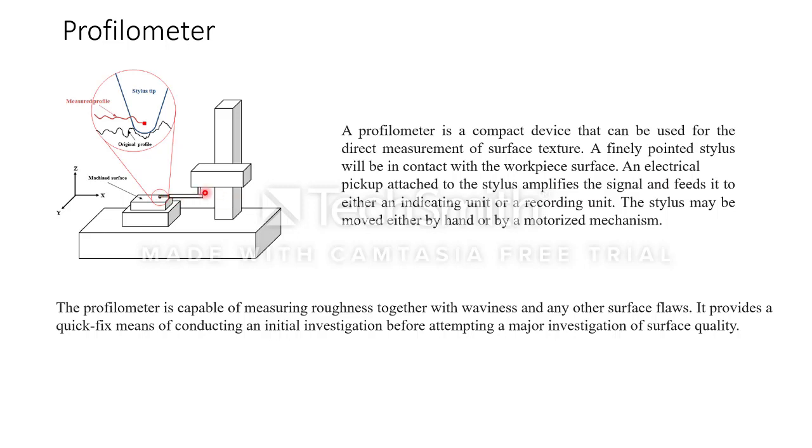Here you have a motor which is used to move the stylus, and an op-amp placed inside so that it can amplify whatever imperfection is detected. It amplifies those signals and feeds them to either an indicating unit or a recording unit built into it. Moreover, the stylus can be moved by hand or a motorized mechanism can be used.